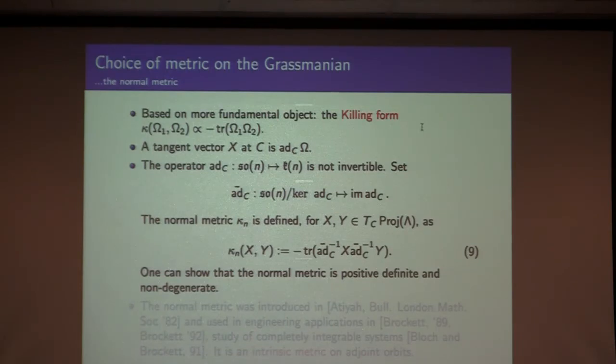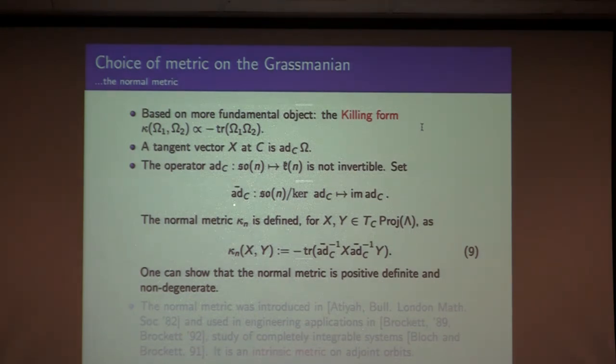Now we've seen that the tangent vectors for my manifold were of this form, ad_C omega, which is a shorthand notation for the bracket of C and omega. Perhaps what we want to do is undo the ad_C and use the Killing form. The problem is, ad_C is not invertible.